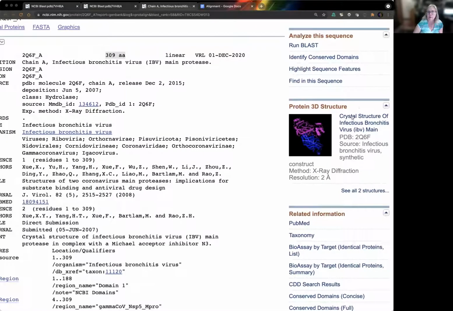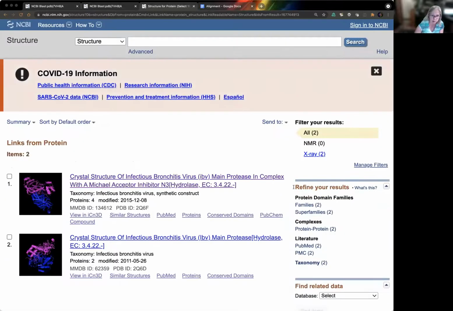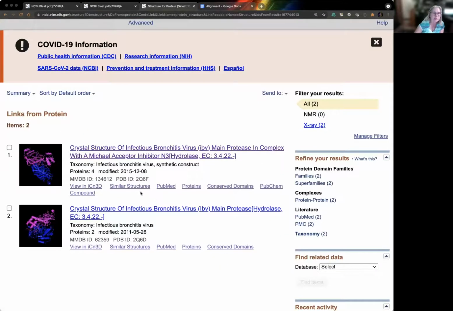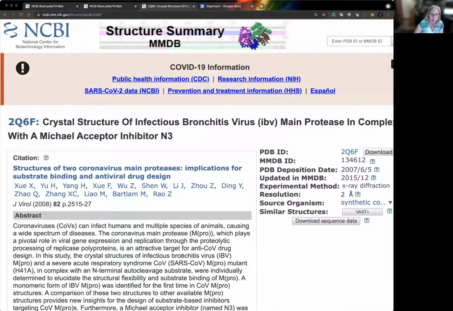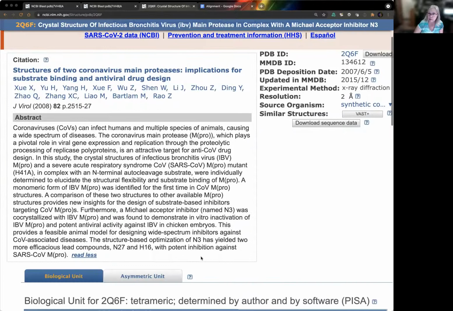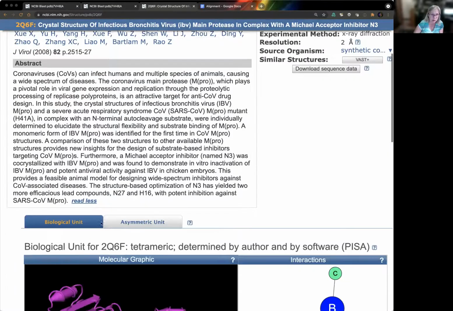I can also click the link to see the two structures that were referenced in this publication. I'm looking at 2Q6F, and I could click the link and read the abstract to learn more about the experiments that were done to discover this structure.